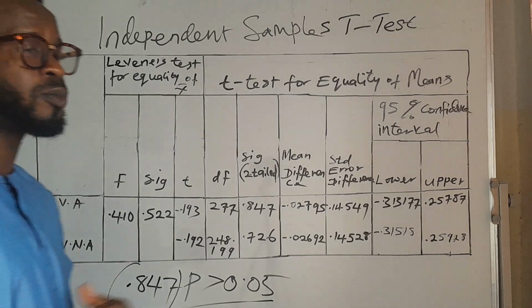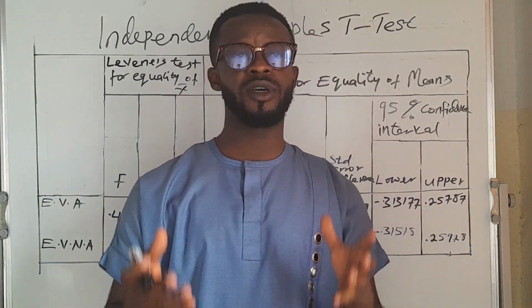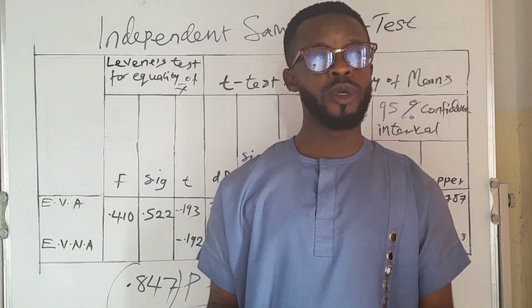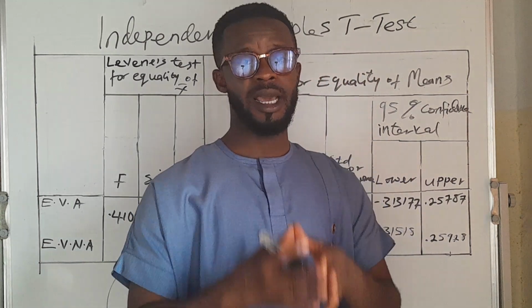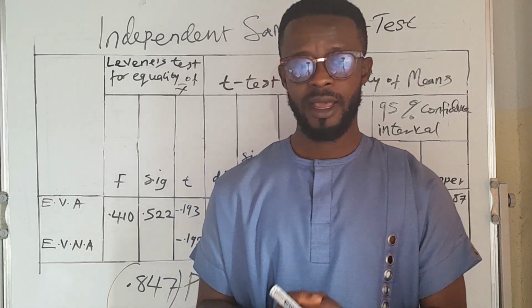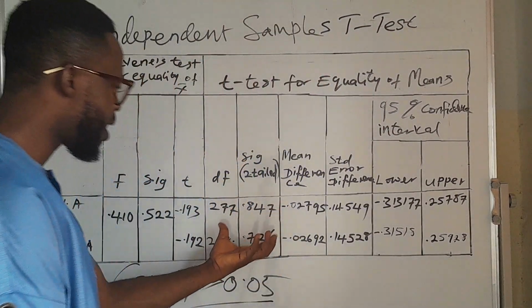For instance, if we postulate such hypothesis like there is no significant difference between the mean ratings of male and female students on the impact of truancy on their academic performances, and we have analyzed our data using our SPSS, this is our output.